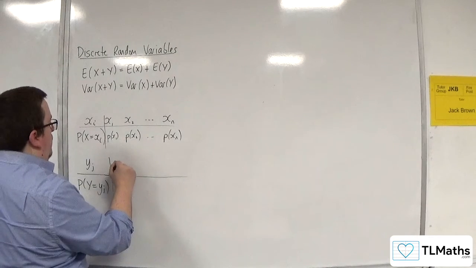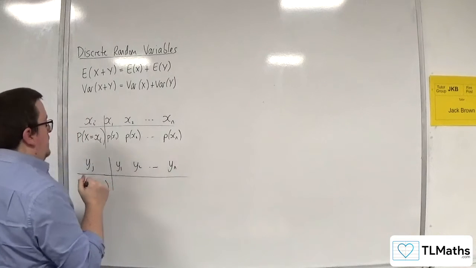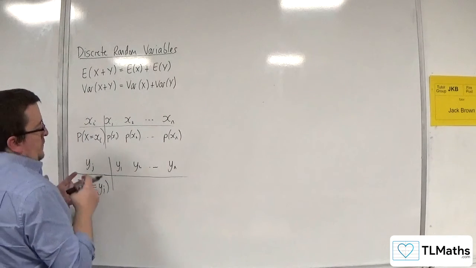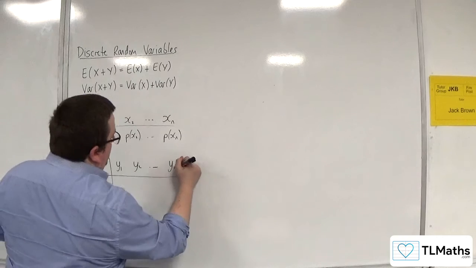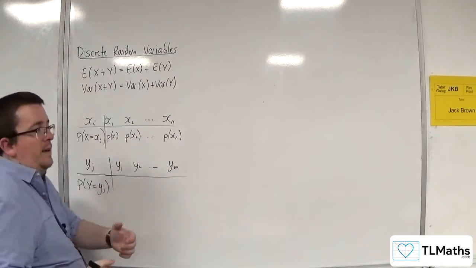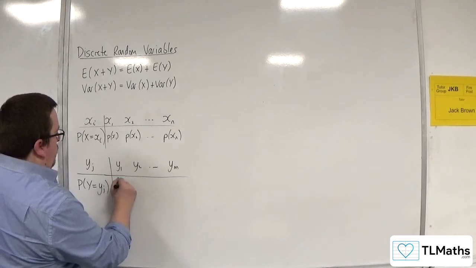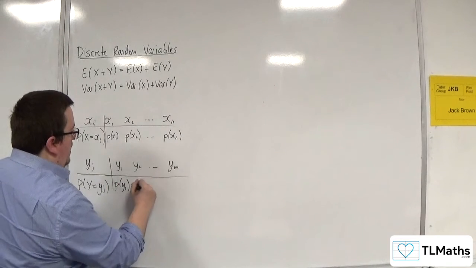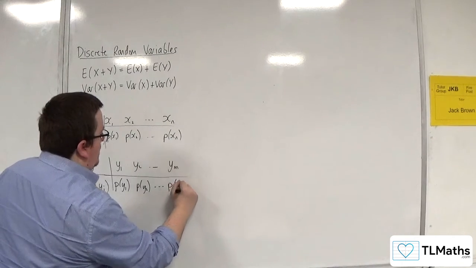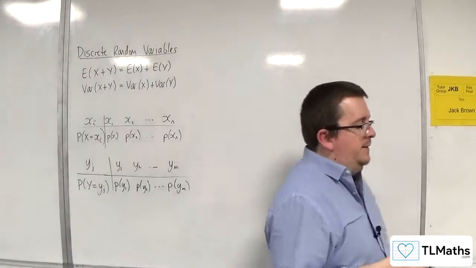And then we can have y1, y2, yn. Now, just for purposes, we could have that as ym, couldn't we? It doesn't have to be that they have the same number of items. Then we've got the probability of y1, probability of y2, etc., up to the probability of ym. Okay, so here are our two discrete distributions.